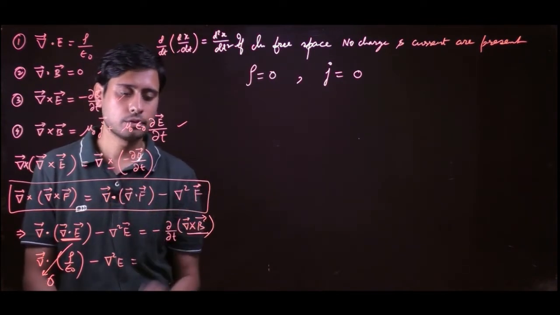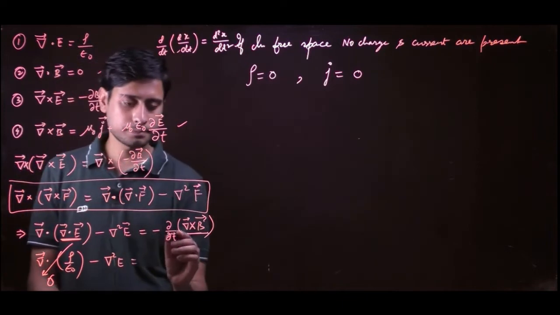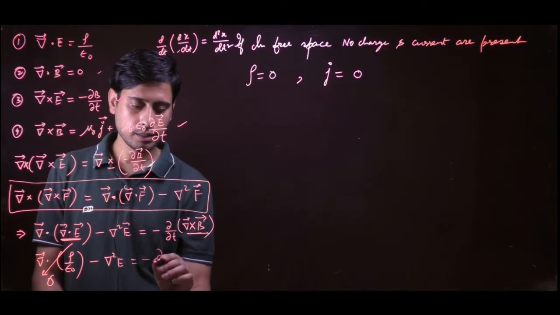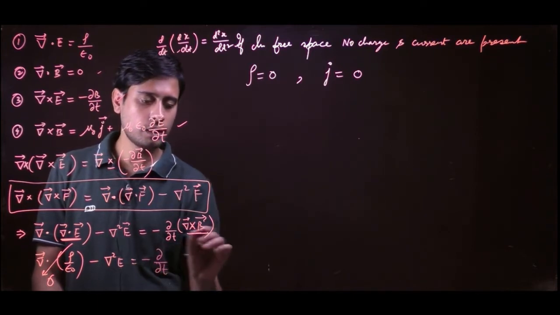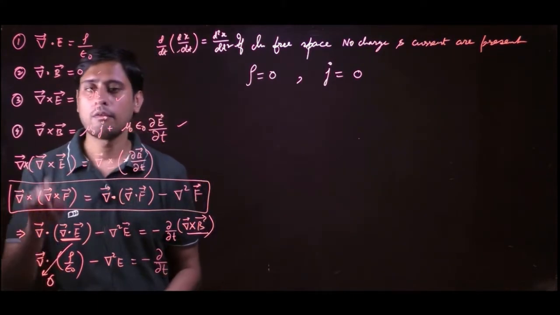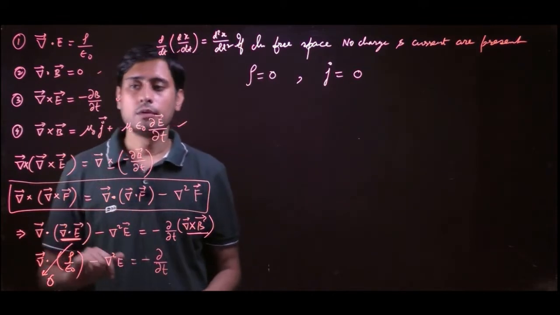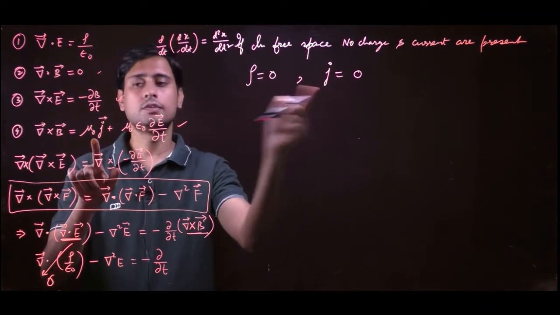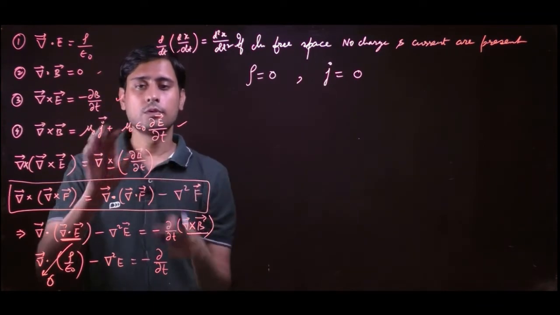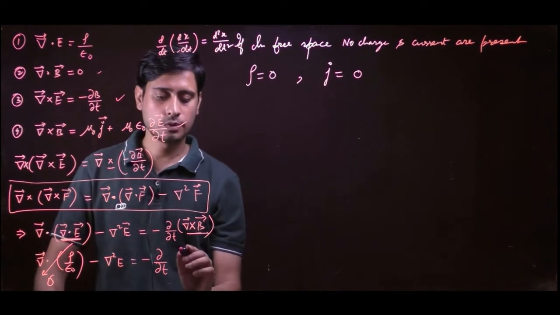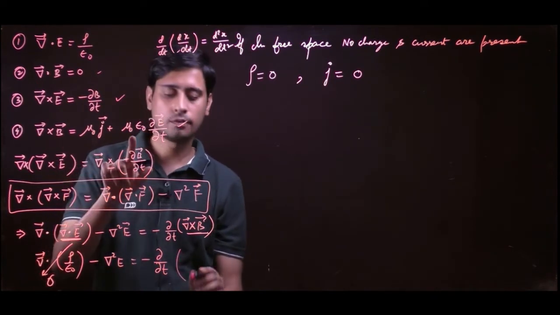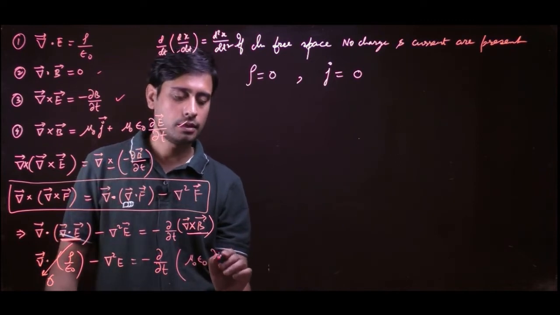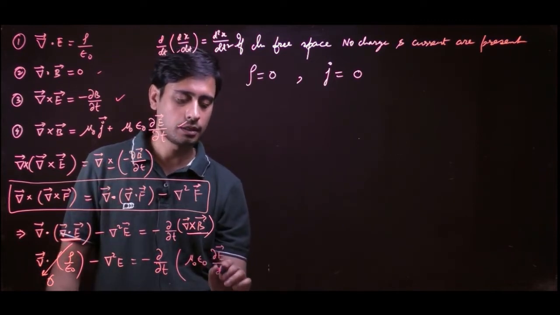So you have this del cross B term, so it must be minus del over del t, and now we will write the del cross B term from our fourth equation. From the fourth equation, you know that the j term is 0, so we will only write this term: del cross B equals mu naught epsilon naught del E over del t.